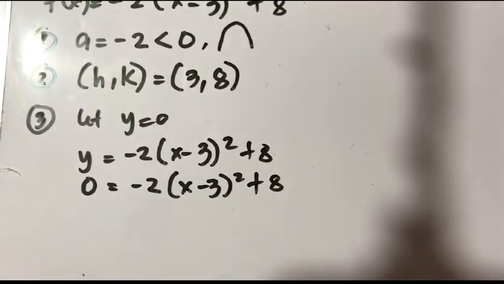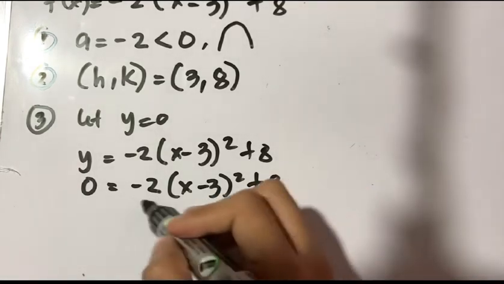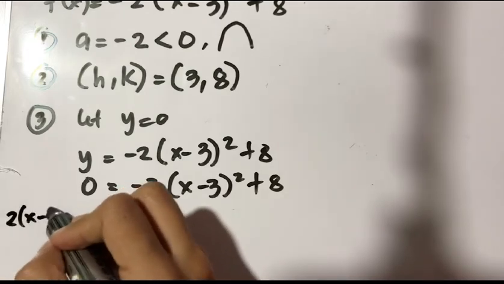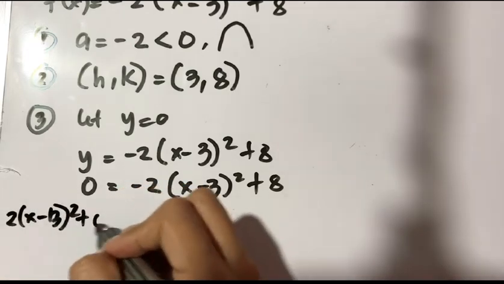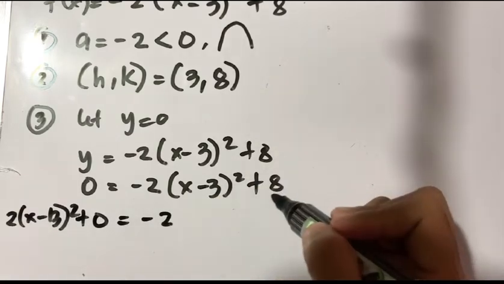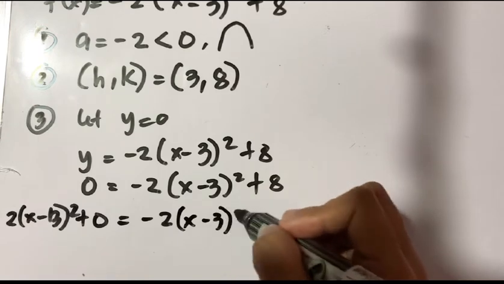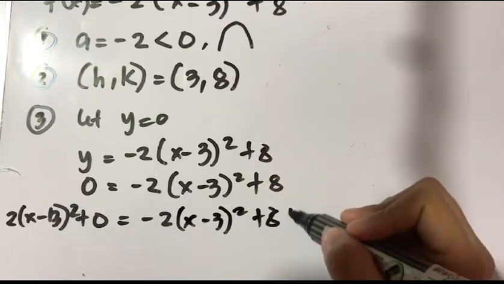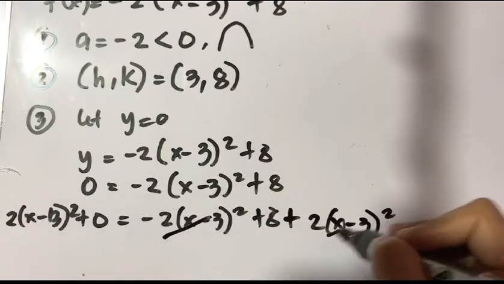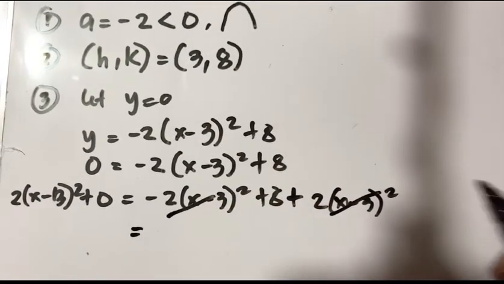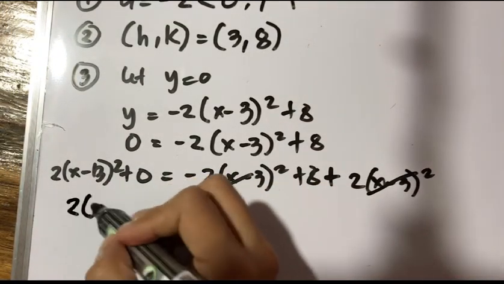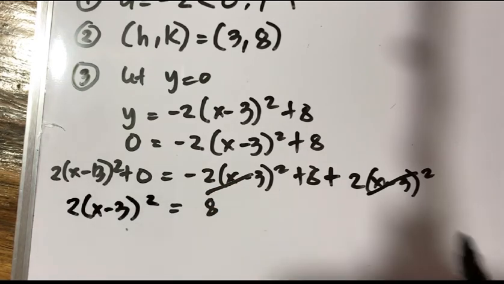So, in here, we would rather want to add this term. We add 2 times x minus 3 squared to both sides to eliminate it, and we're left with the constant 8. So, 0 is our goal. 8 is what is left, and on the left side we have 2 times x minus 3 squared.